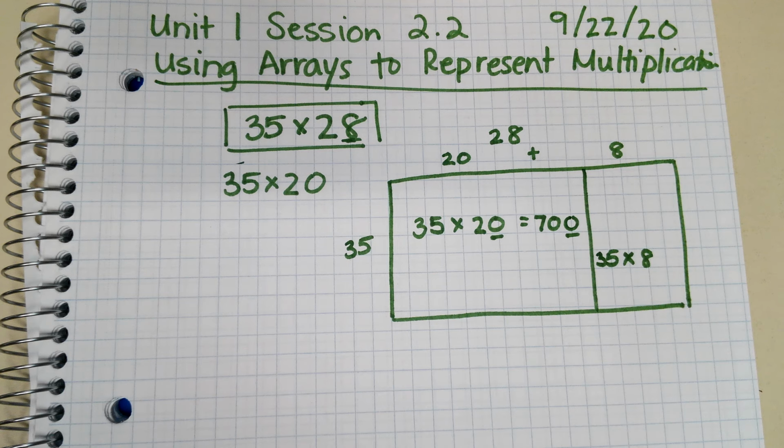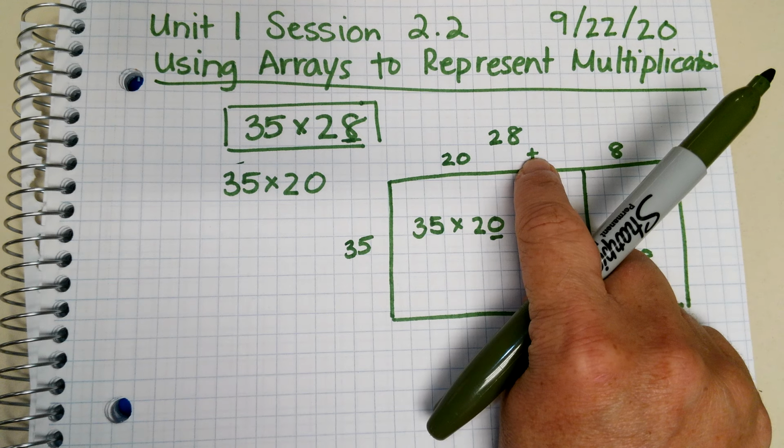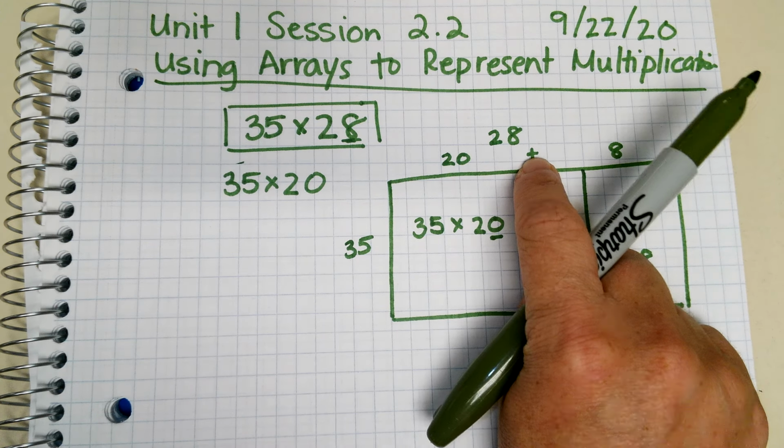If we start with 35 times 20, we're going to need to explain what 35 of 20 means in terms of the teams.